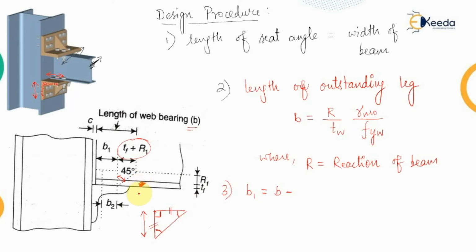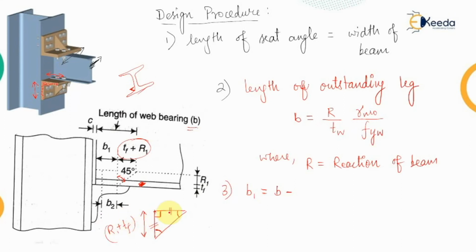So this is the thickness of the flange, while this R1 that has been shown here is the root radius of the beam flange, because there will be some curvature provided at the bottom of the I section. So let's say this is the I section. This R1 is the root of the section at this position. So this vertical distance will be equal to R1 plus tf.